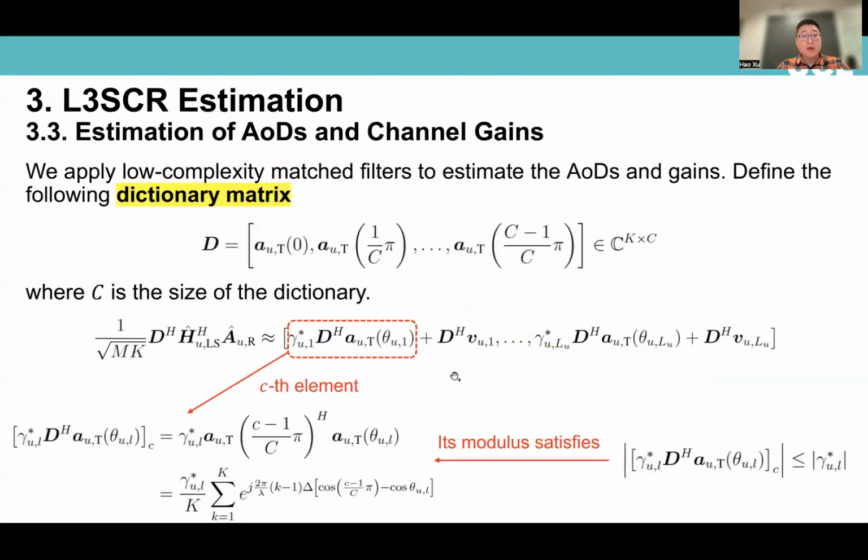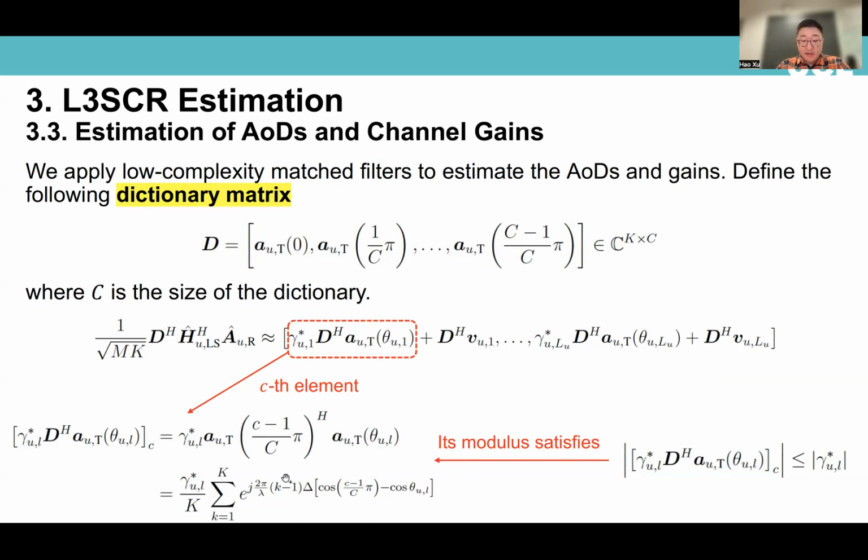To this end, we define the following dictionary matrix D. Here, C is the size of the dictionary. We apply D to this matrix and obtain this formula. The cth element of this vector can be expressed in this form.